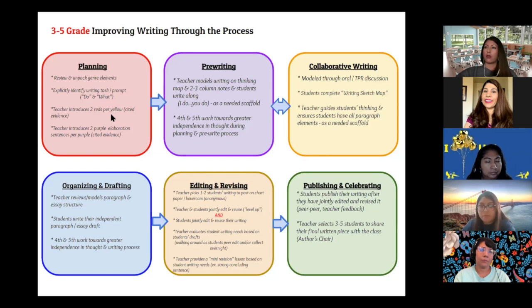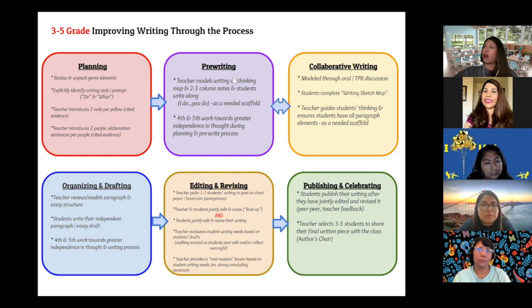We also will share the different types of structure pieces in regards to Step Up to Writing with the color coding, because if you're not familiar with Step Up to Writing, they have some color coding strategies that help the students remember what sentences they need to have in the paragraph.